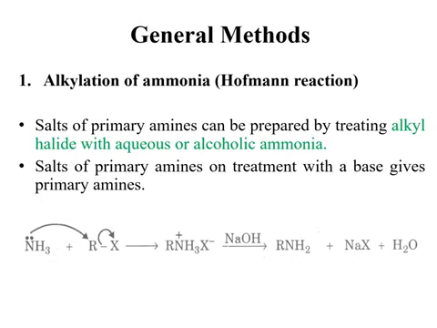Usually, the normal temperature to liquefy ammonia gas is minus 33 degrees Celsius. That is not possible to attain in our general chemistry laboratories. That's why ammonia is available in the form of its aqueous solution in our laboratories.